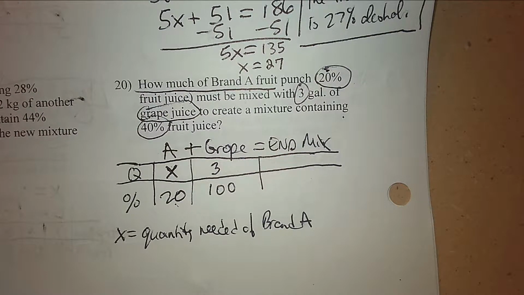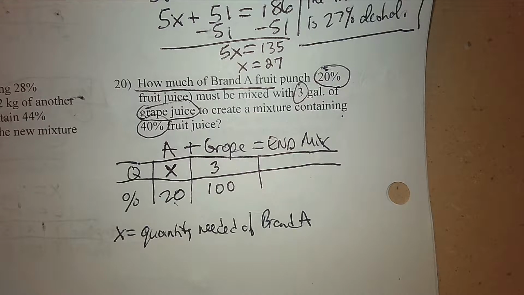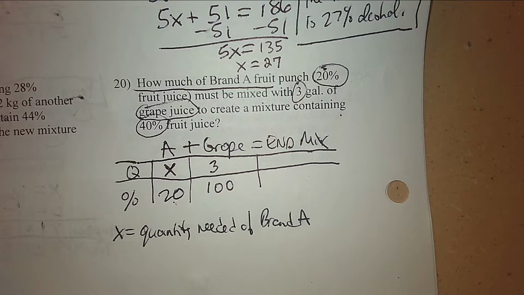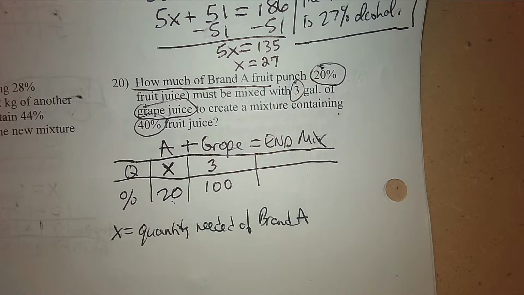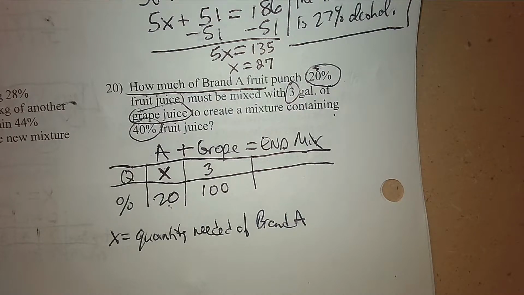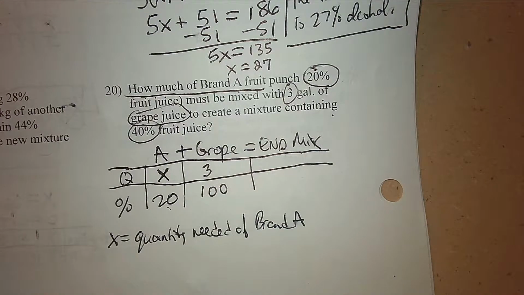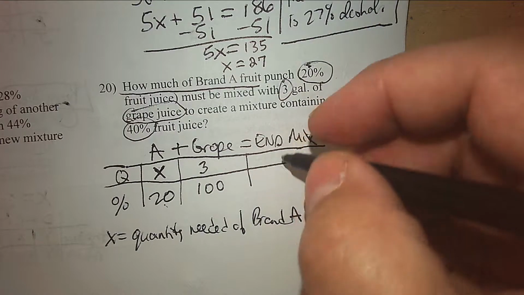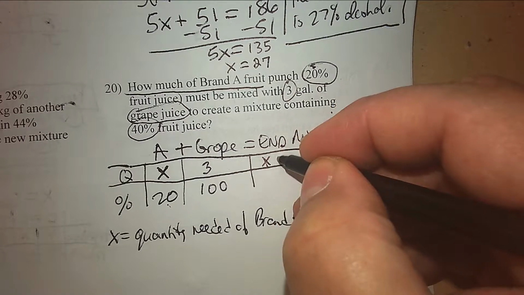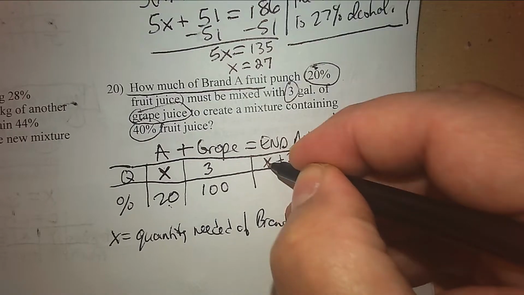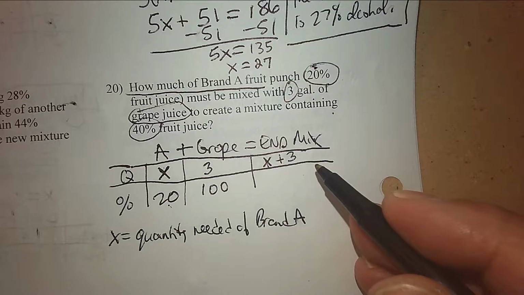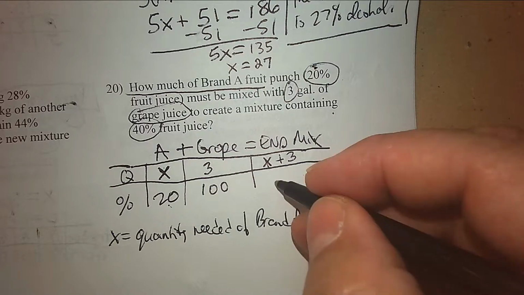So the percent of the juice is 100 because it's juice. So we're talking about percent of juice. The whole thing is juice, right? So it's 100%. Now, the end mix. If I don't know how much is in brand A and I add it to the grape juice, how much is my end mix? The quantity of it would be x plus 3. And then the end mix, what percent do I want to have?